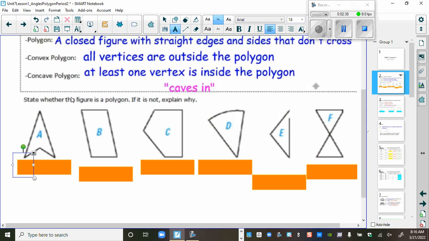Is it a closed figure? This triangle looking figure. Are there any open sides? No open sides. Are those edges straight? They're not curved? All right. Now, so we have a polygon.